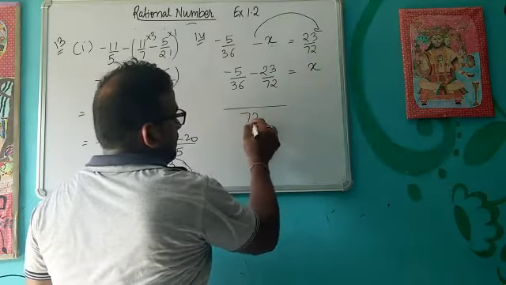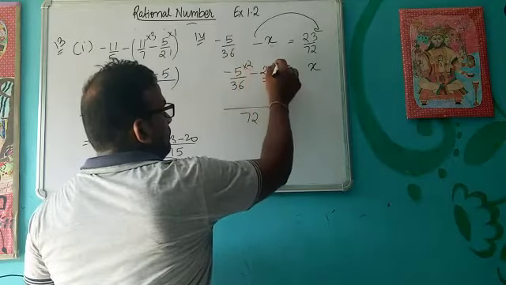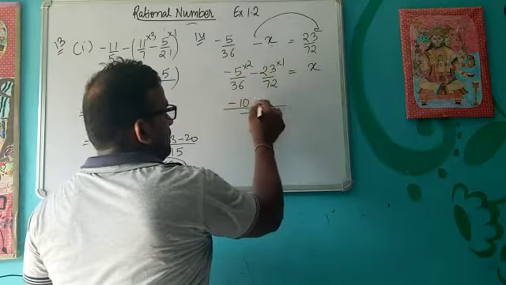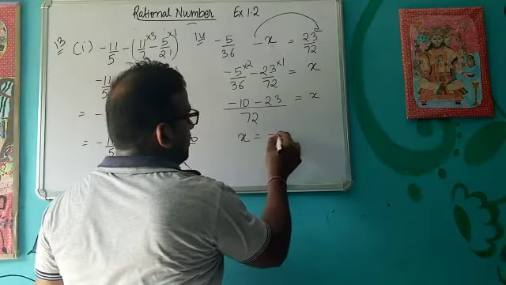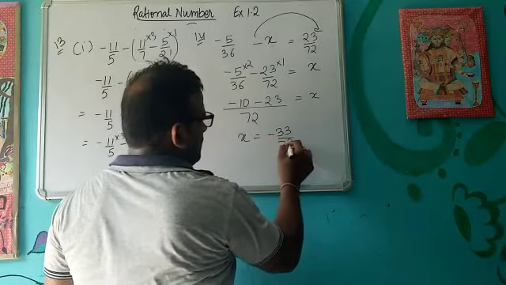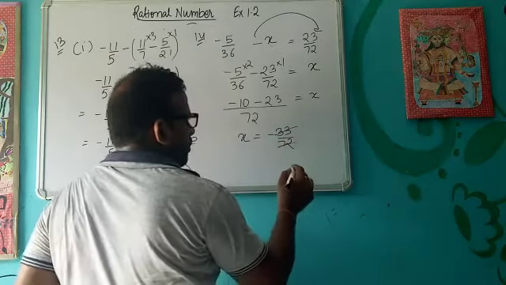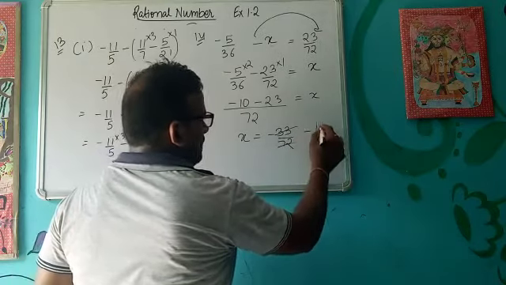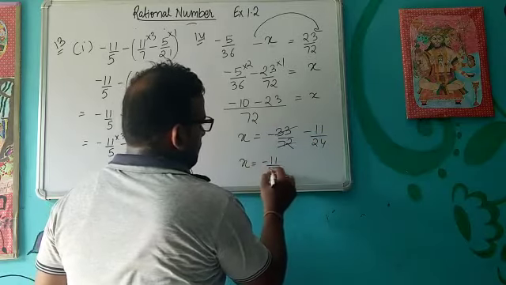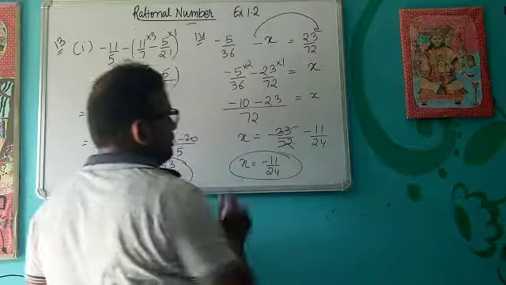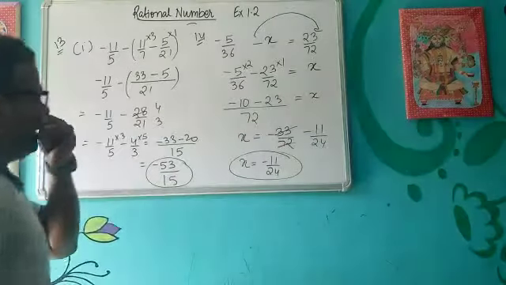Then 36 into 2, 72 minus 10 minus 23 equal to x. So x you will get minus 33 upon 72, or if you want to simplify, you can simplify it to minus 11. So x is minus 11 upon 24. Okay.